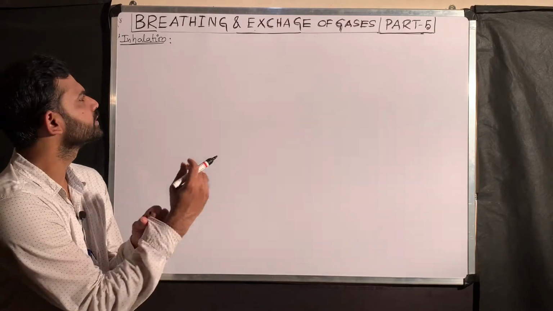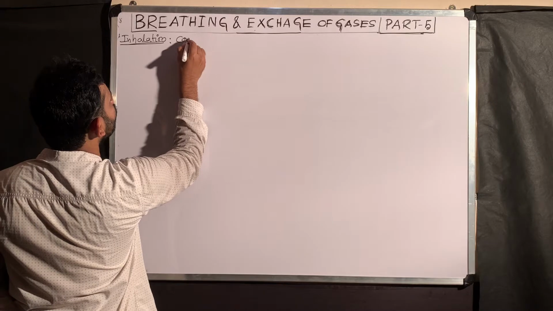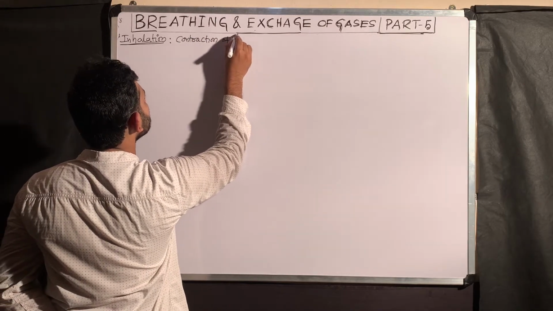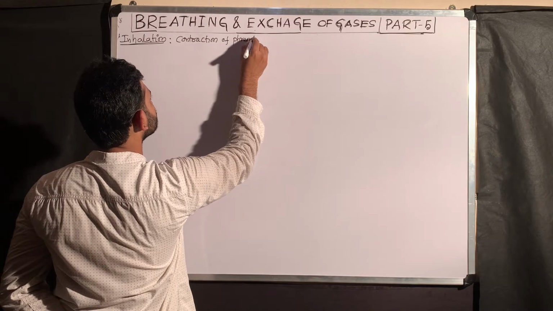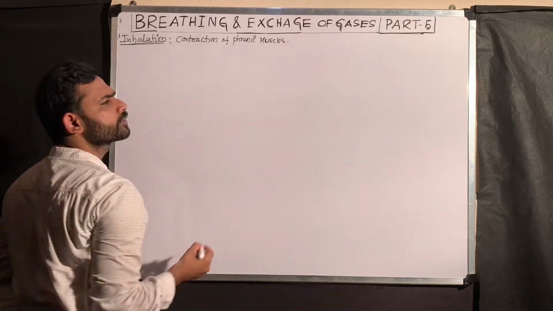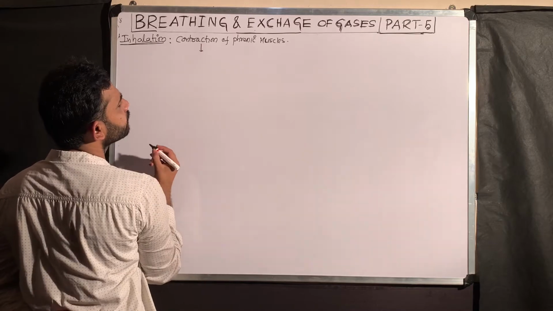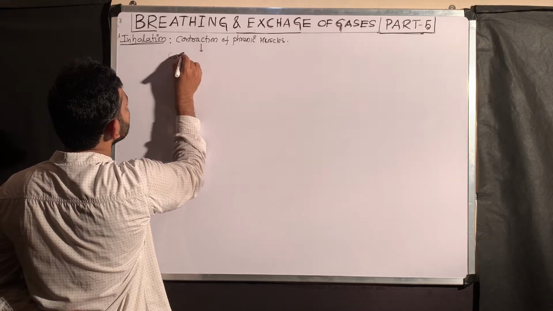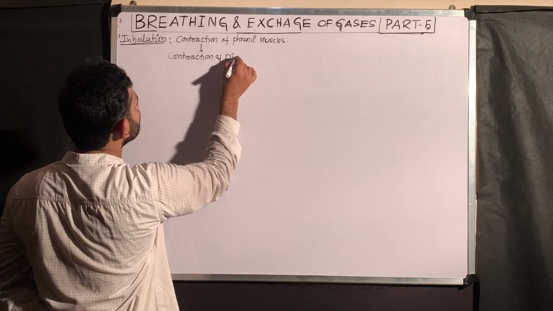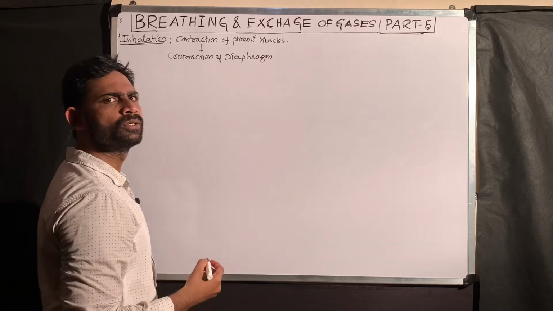In inhalation, there is contraction of the phrenic muscles. I said, what are phrenic muscles? The muscles that connect the diaphragm to the ribs and the vertebral column. Contraction of the phrenic muscles makes the diaphragm contract. The diaphragm is dome shaped.